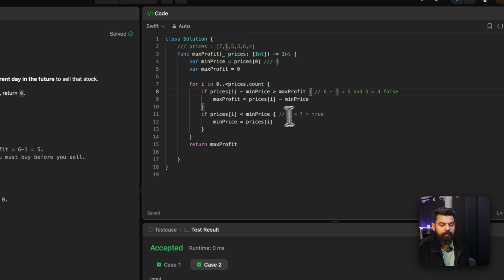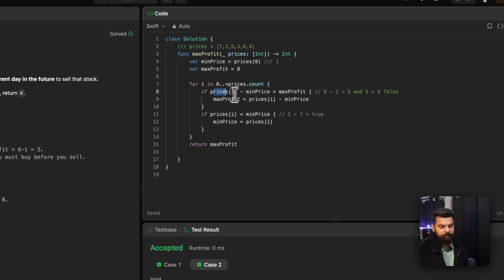So 5 is definitely not lesser than 1, and the minimum value we have is 1, so it will skip this condition again. So again it will go for the last iteration. We do have this iteration, this is 4, and definitely we will be skipping both these checks, because our profit is 5 and this is 4.